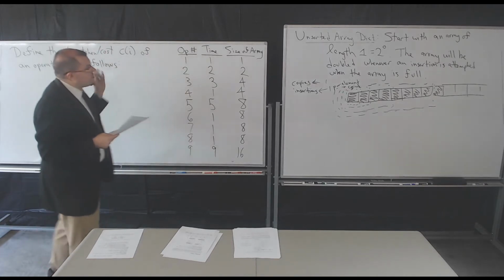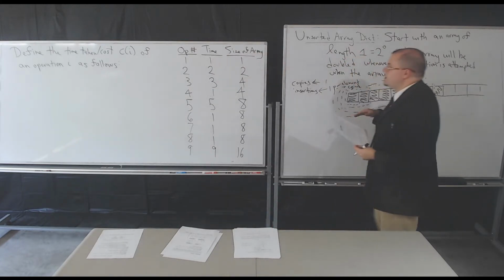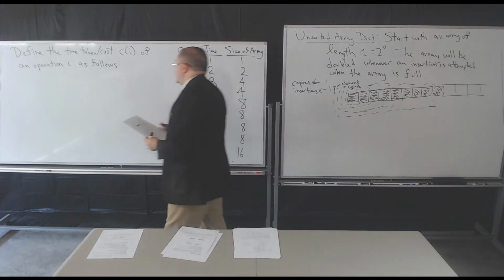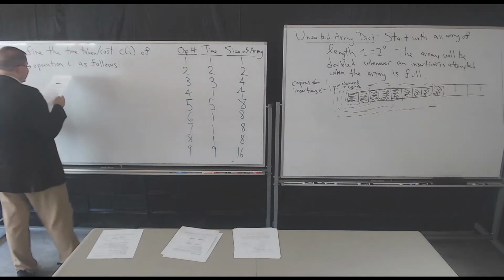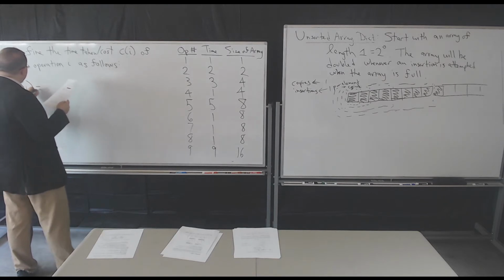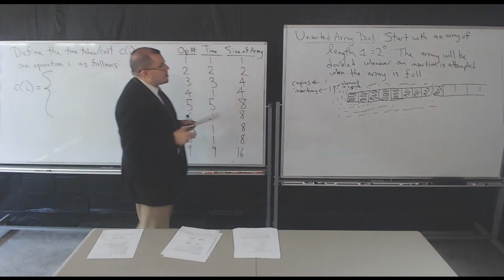Okay, so I'm going to define the cost of an operation. Now remember, we have copies and insertions that occur. This is just a table to help us get an idea of what's going on. So I'll start off with the second case, which is very easy. So C of I is going to be this piecewise function, and we're going to have 2 cases.